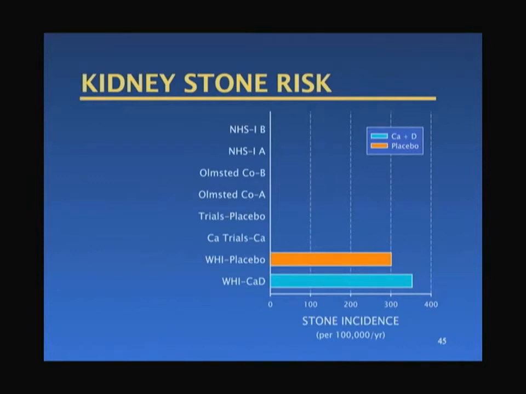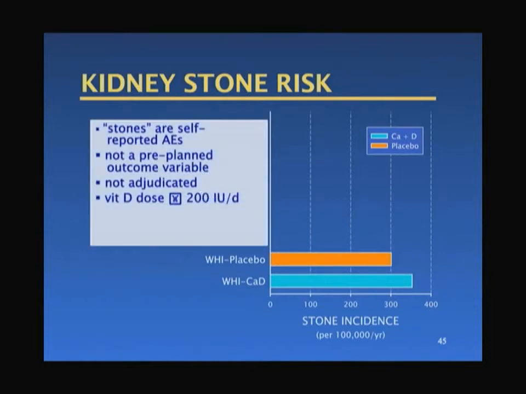Now, on this scale, I put a number of other studies, and I want to show those to you, but I want to stress that the stones in WHI were self-reported. It was not a pre-planned outcome variable, and the outcomes were never adjudicated. Nobody got the medical record to see what really happened, so we don't know. And the vitamin D dose achieved was only 200 international units per day.